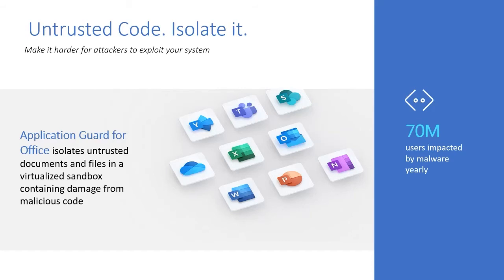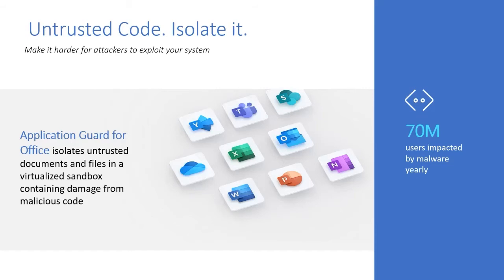So it's a seamless upgrade for the user's productivity, where if a document is open inside the Application Guard container, the user can edit the document, print the document, and do most of the normal functions you would like to do on a document while still being isolated within the Application Guard container's security boundary.